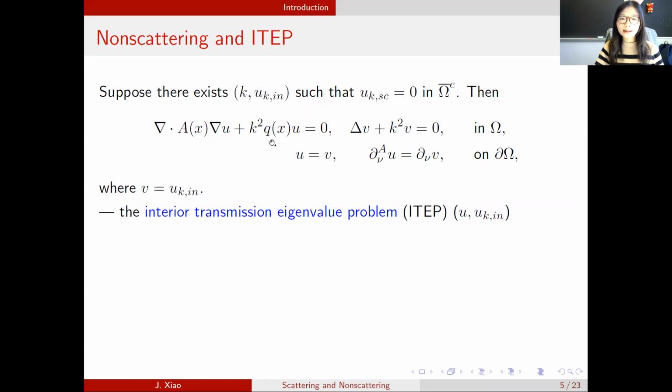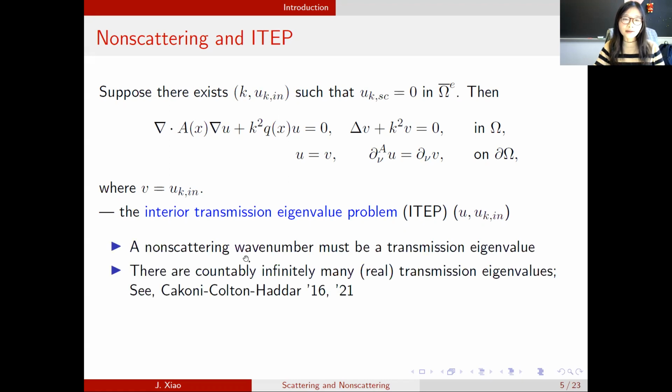In this case, we can see that this u and v, or the incident field, form an eigenfunction for this transmission eigenvalue problem, with k squared as the eigenvalue. So we concluded that whenever k is a non-scattering wave number, then k squared has to be a transmission eigenvalue.